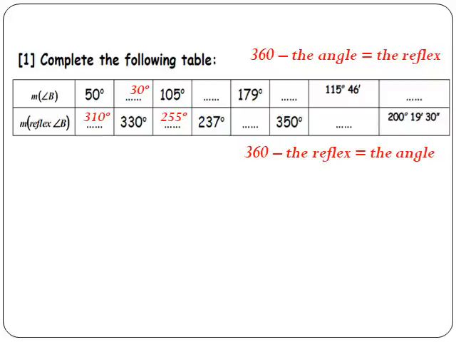Mister, number 4 and number 5, I want you to do it now by yourselves. I'm waiting, I give you time. You want the measure of angle B, and they give you the reflex of angle B equal to 237. Yes, good, I see a lot of you got it correct.